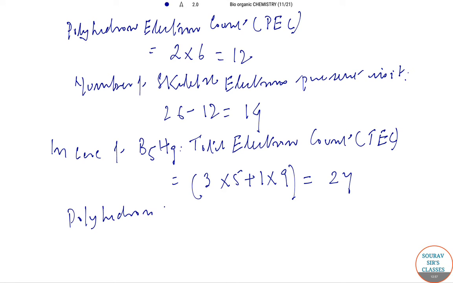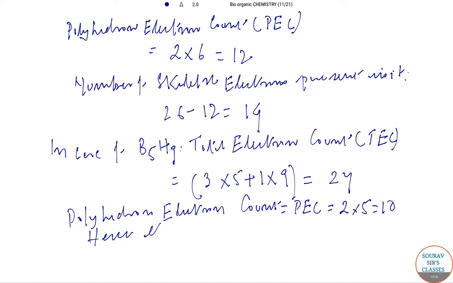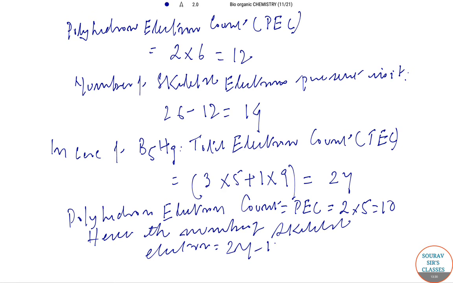Polyhedron electron count, that is PEC, 2 into 5 is equal to 10. Hence the number of skeletal electrons is equal to 24 minus 10, and that is 14. In this case also 14.